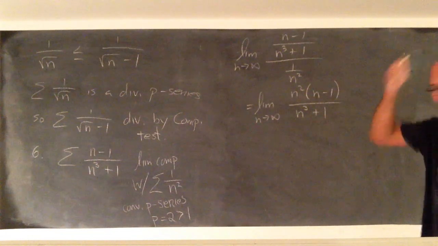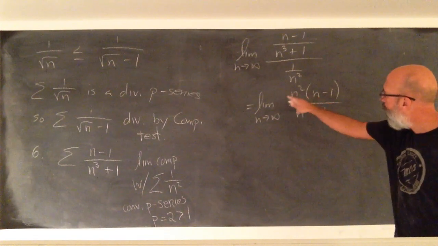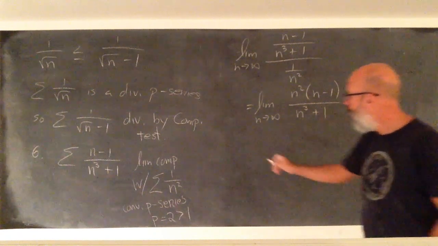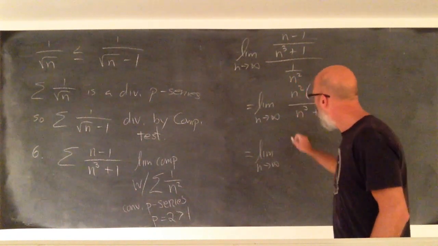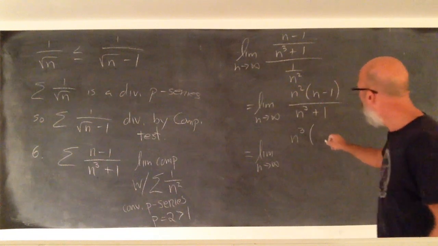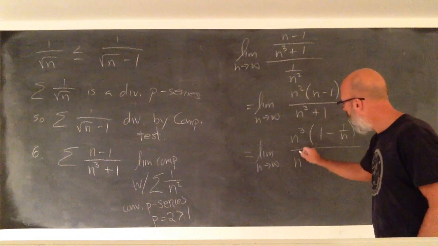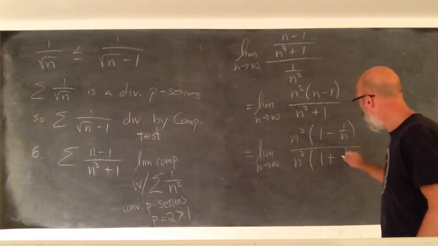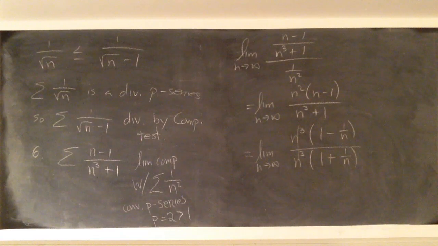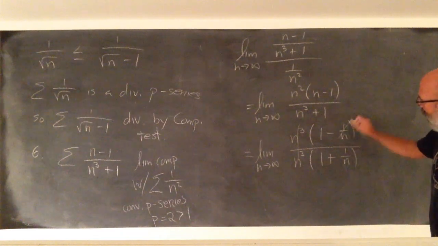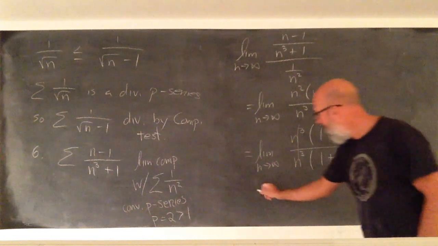Again, you can do L'Hopital's rule, or you can factor out an n from here and an n cubed from the denominator. So that gives us n cubed times 1 minus 1 over n, over n cubed times 1 plus 1 over n cubed. The n cubes cancel out nicely. As n goes to infinity, 1 over n goes to 0, 1 over n cubed goes to 0, so you get a limit of 1.